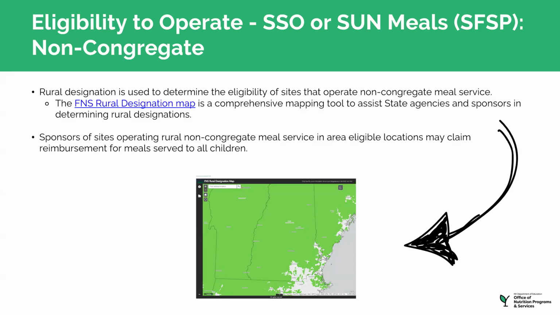Districts and sponsors may use the FNS Rural Designation Mapper, which I will have linked at the end of this presentation when we send the slides out. All you have to do is type your address in the mapper, and if it's shaded green, then that means it's designated as rural. And again, that FY25 census eligibility spreadsheet that was sent out will also capture if your site is rural.